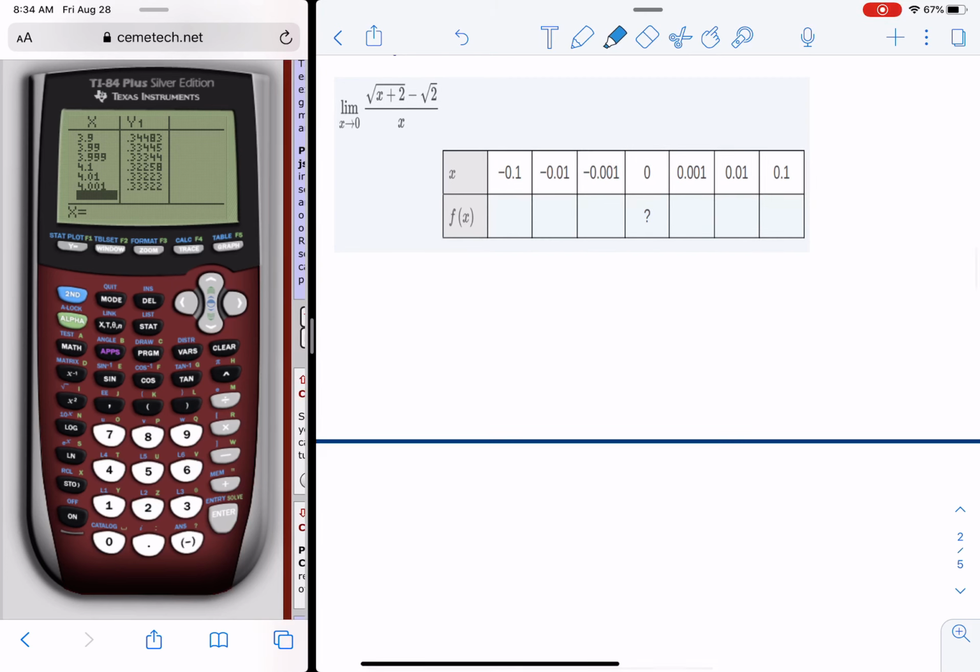But we'll just use a table to first find the limit. So square root of x plus 2 minus square root of 2, divided by x.